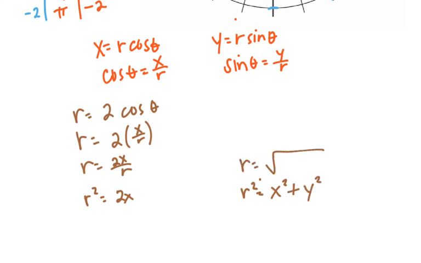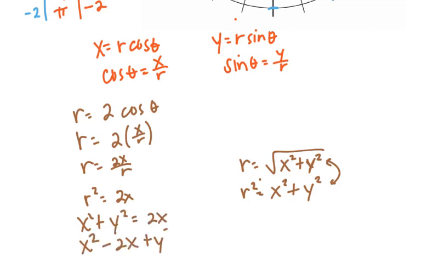Hopefully you see that these two are the same. So because we have this, we can say x squared plus y squared equals 2x. So x squared minus 2x plus y squared equals 0.